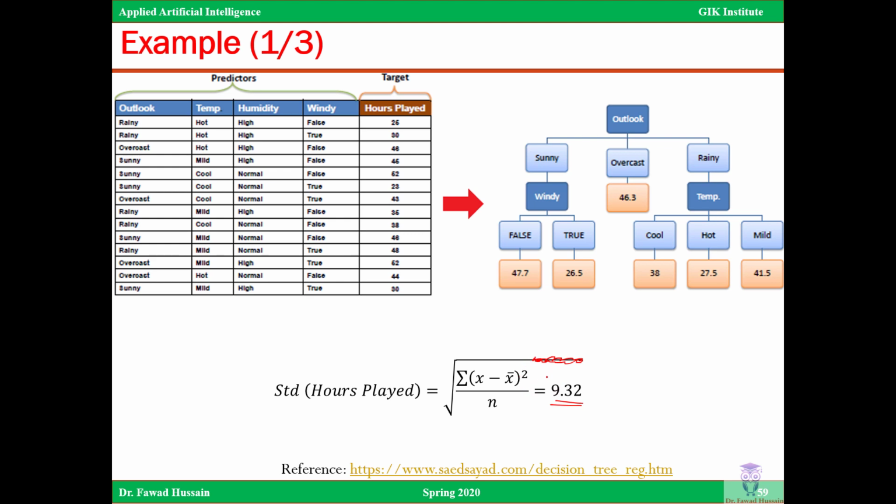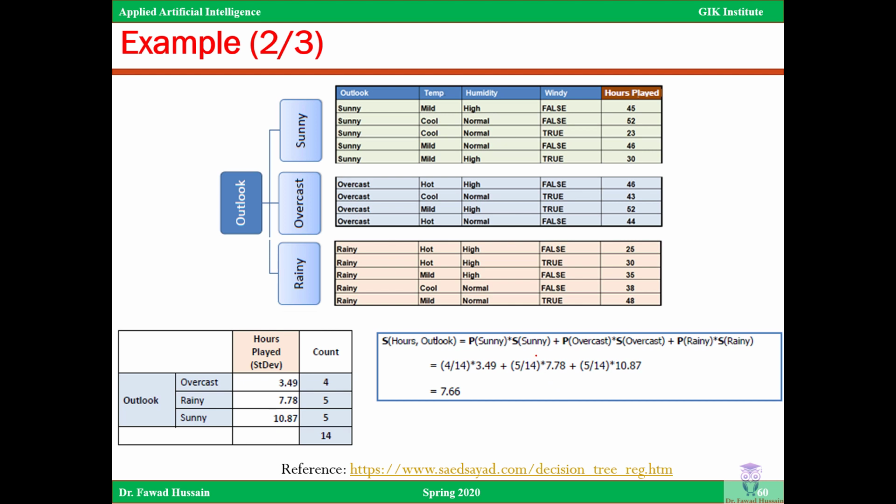This is the answer. So 9.2 is the standard deviation of the entire data without considering whether the temperature is hot or mild or cool, or the outlook is rainy or overcast, or humidity is high or normal, or whether it's windy or not. So without looking at any of these attributes, just on the target data, the standard deviation is 9.2. Now we are going to look at the attributes.